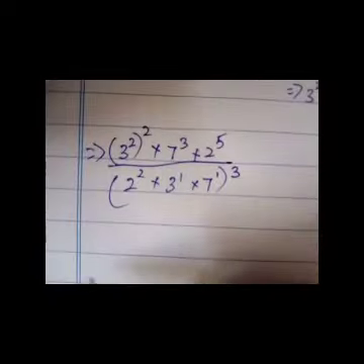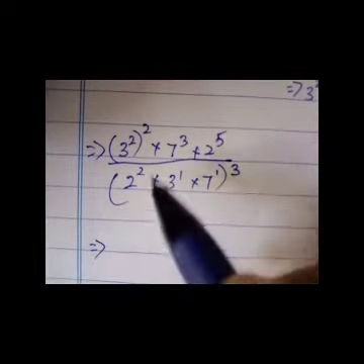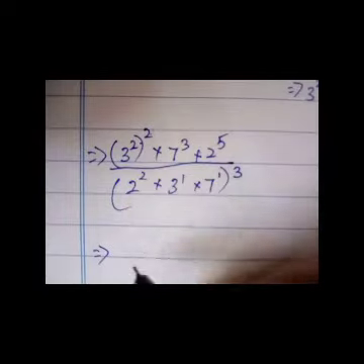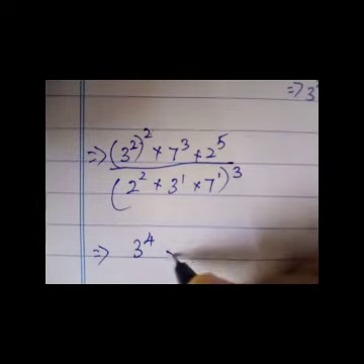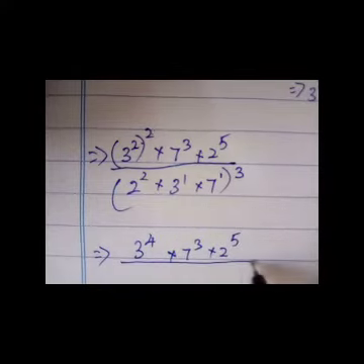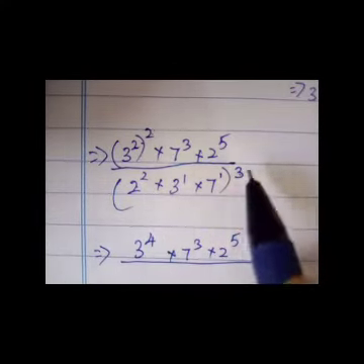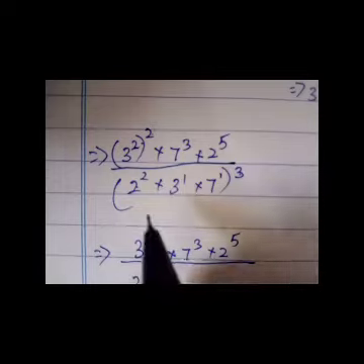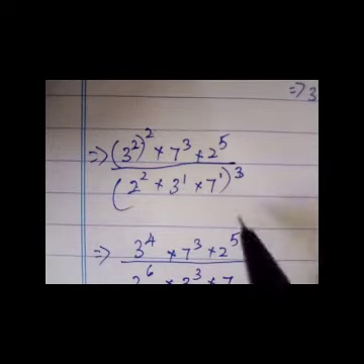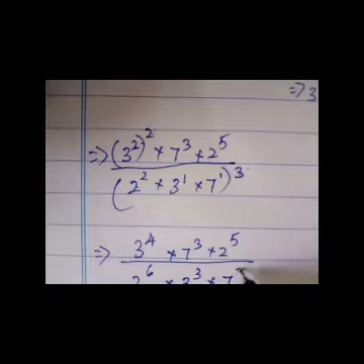Now the next one is, as the question is in the power of power, multiply the powers: 3 power 4 into 7 power 3 into 2 power 5 by, here you have to multiply the powers, 2 power 2 3s are 6 into 3 power 1 3s are 3 into 7 power 1 into 3 is 3.